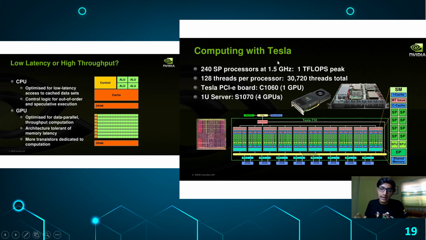On the right-hand side, there is an image of the Tesla architecture and the different features it comes with: 128 threads per processor and SP processors at 1.5 gigahertz. All these terms, the SM, the different caches, can be explored in depth to know how the processing speed is achieved and how the computational requirements are met.